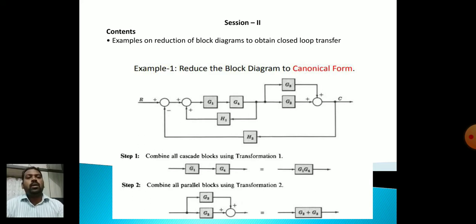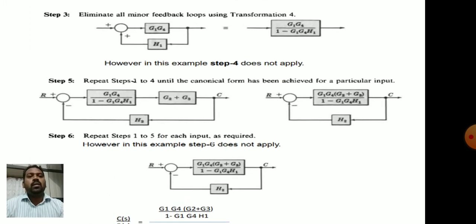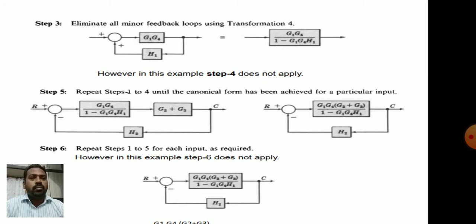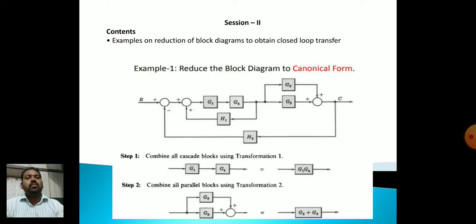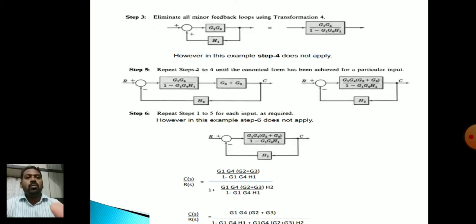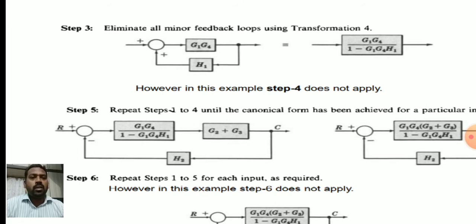Okay, now the block diagram looks like this. Now eliminate the minor feedback loops using the next transformation. That is G1 and G4, that you can see in the previous block, combined with feedback H1 with positive sign, so that you can remove the loop.